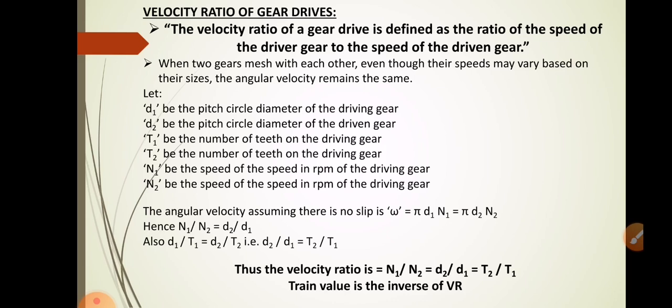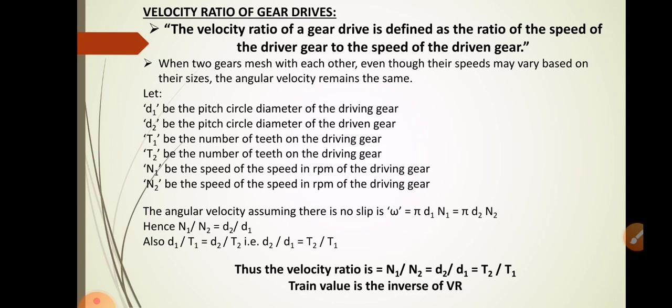That means when two gears mesh with each other, even though their speeds may vary based on the sizes and so on, the linear velocity at the point of contact remains the same. Now angular velocity is normally denoted by omega, and omega is normally written as pi dn by 60. So let's see what is the meaning of this and how to find out the velocity ratio.